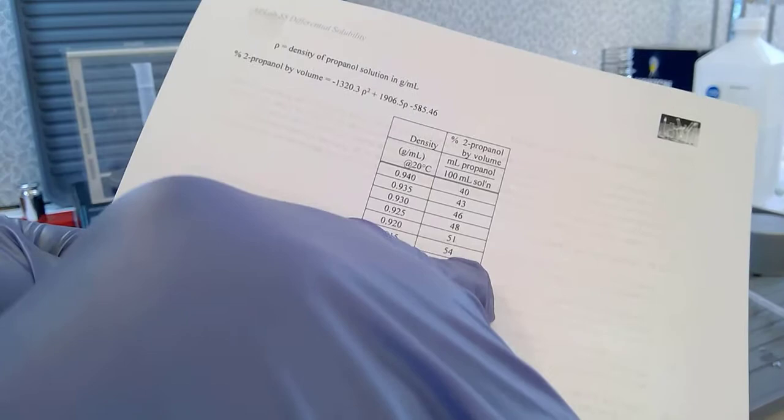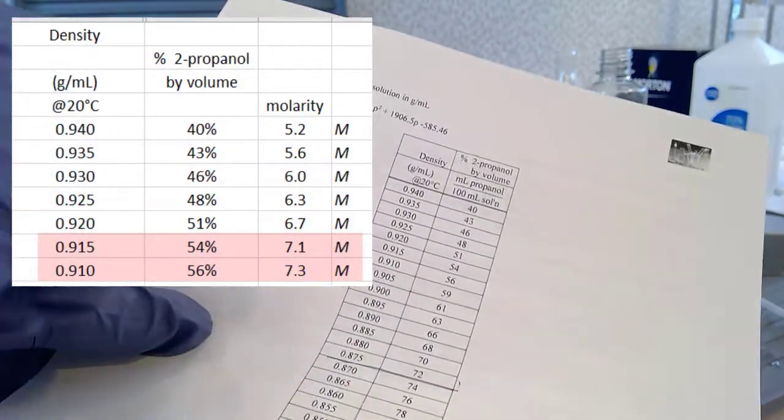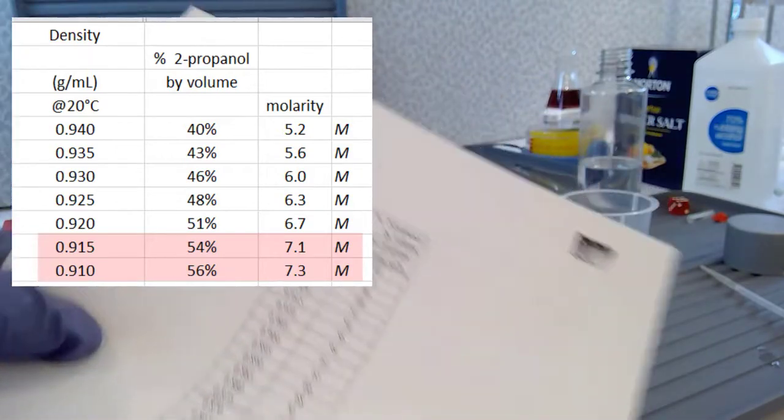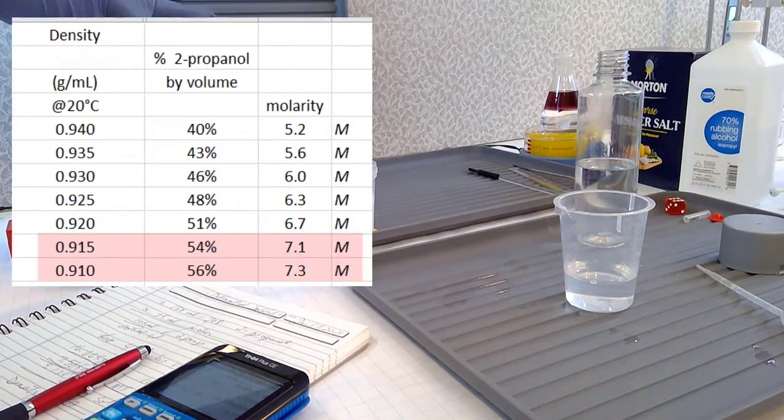It's about 54 to 56% propanol. So I've reduced the amount of propanol in there significantly. And if I do a quick calculation, let's see, I have a 56, I'm down to about 7 molar.